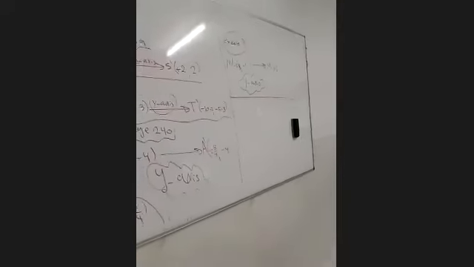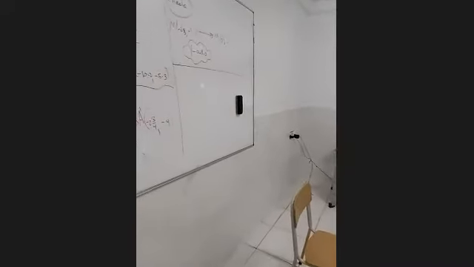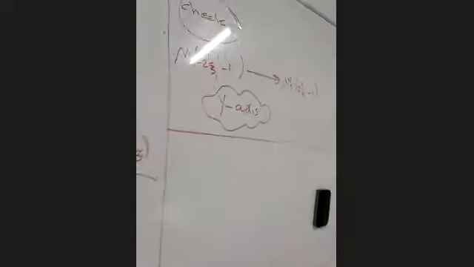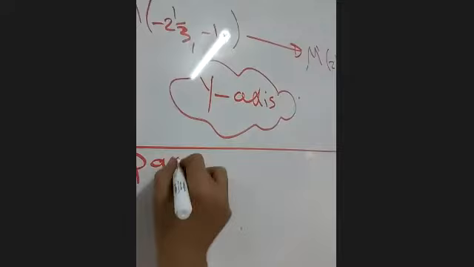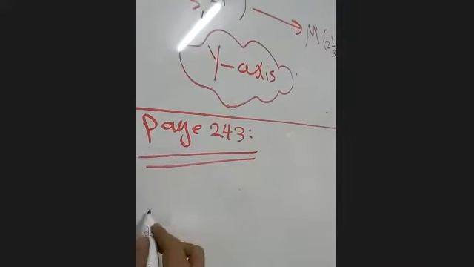Let's do more about it. We finished with the check, right? Let's go to yesterday's homework, page 243. Yesterday, I asked you to do questions 1, 2, 3, and 4.